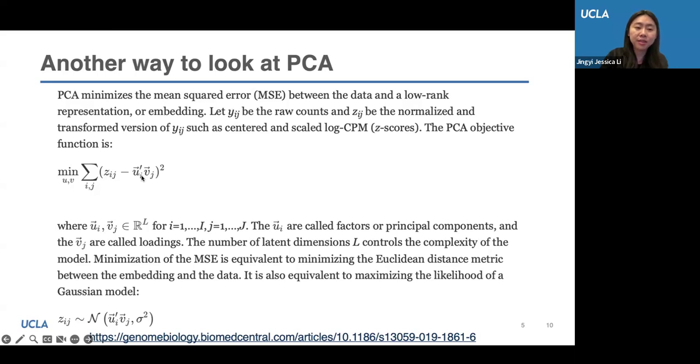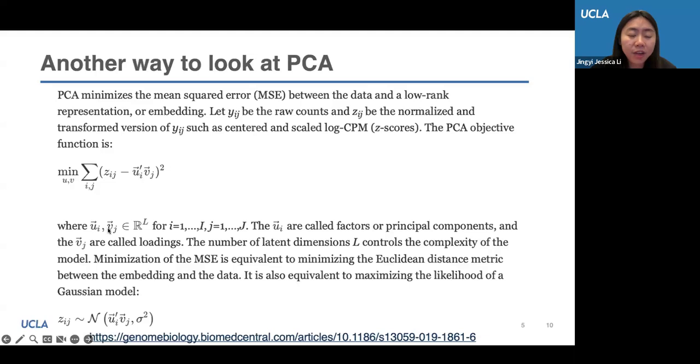So I want to represent my cell i instead of using the original gene number as a vector. For example, in the original space, each cell i can be 1,000 dimensional because I have a thousand genes. Here, I just want to represent the cell i in a low dimensional way, say only L dimensions, maybe 50. And also, I want to represent my gene j, instead of using all cells, with just L dimensions.